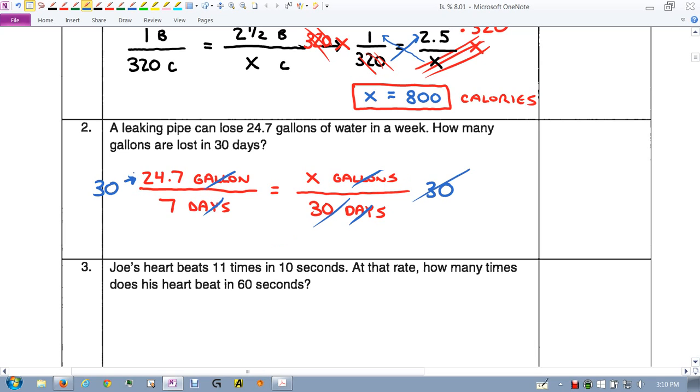So I'm going to do 30 times 24.7 divided by 7. 105.857 something. I'm going to say 86. And again, this is where I would not be too hard on you if you got something really close to that. That's gallons.